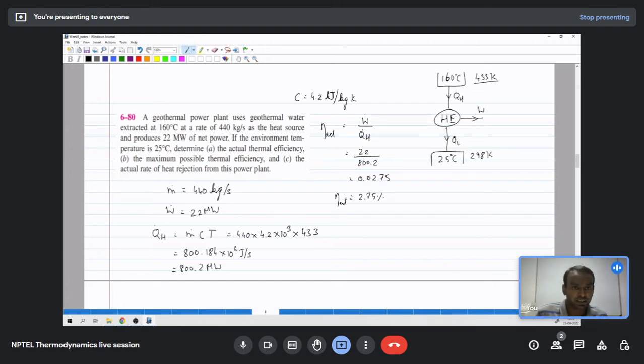Now we can calculate the theoretical or the maximum possible thermal efficiency, eta max, which is given by 1 minus TL by TH. Here TL is 298 and TH is 433. So that means maximum thermal efficiency possible is 0.3118, which is 31.18%.